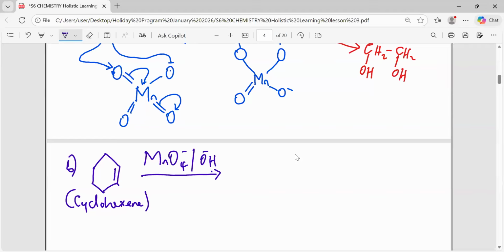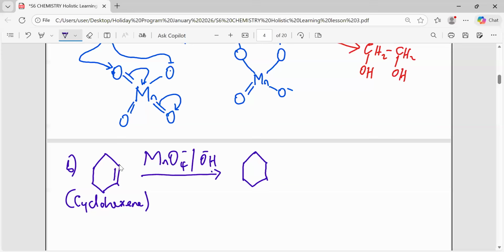We are going to have hydroxyl groups on the carbon atoms that had the double bond.